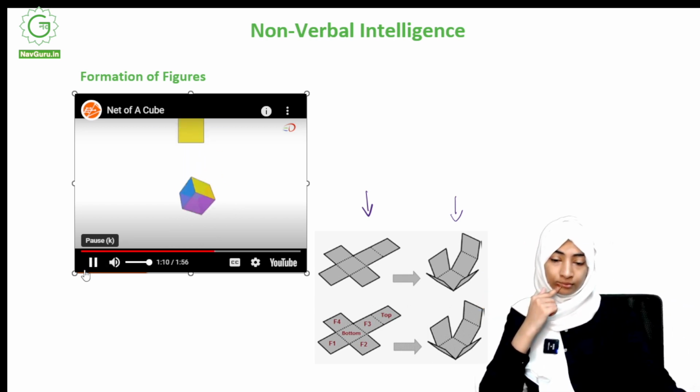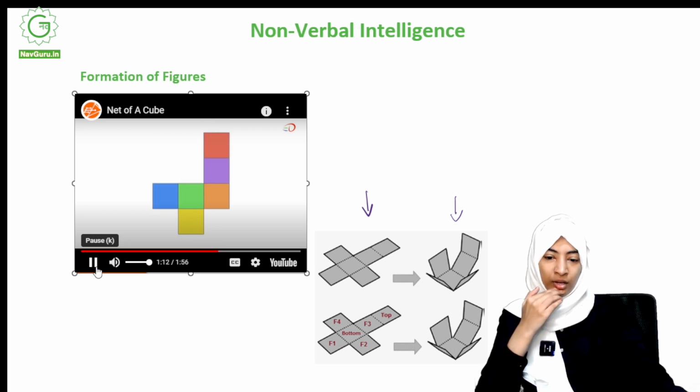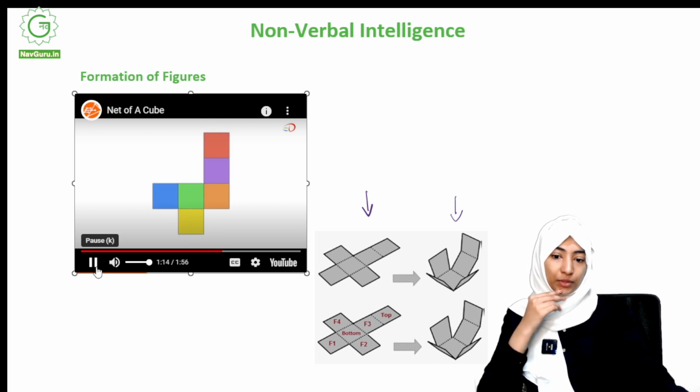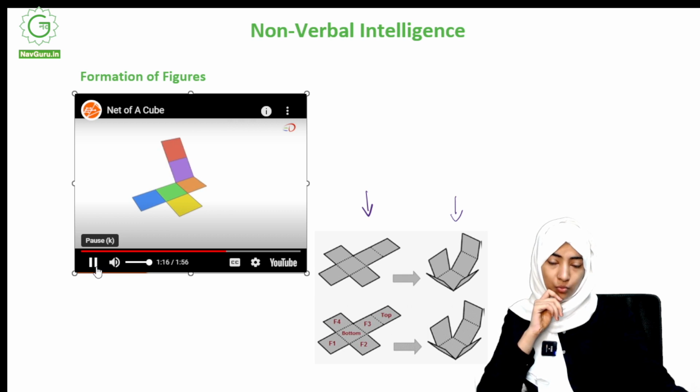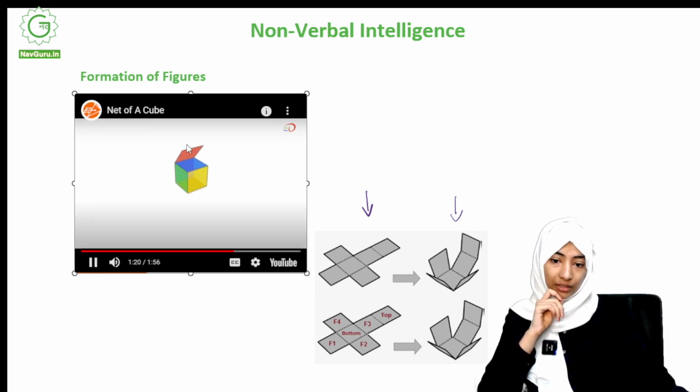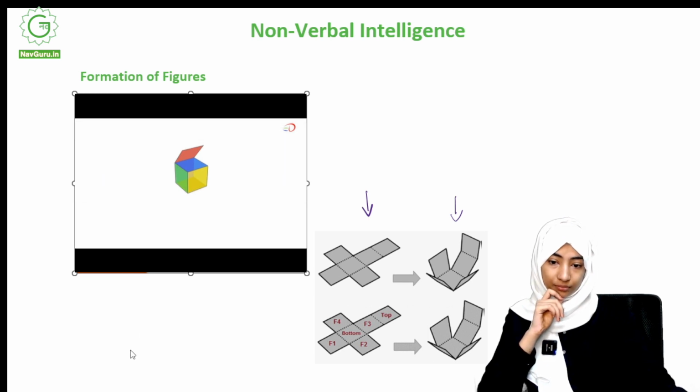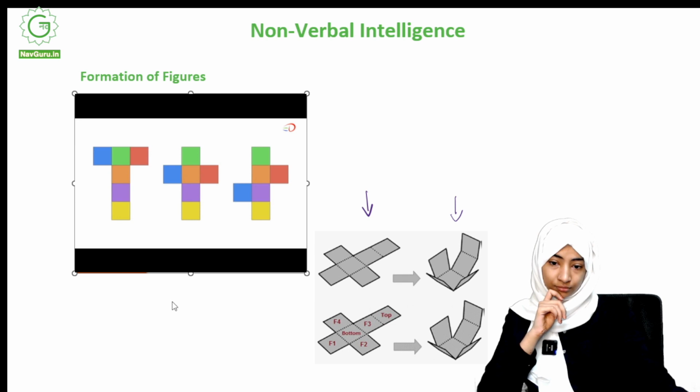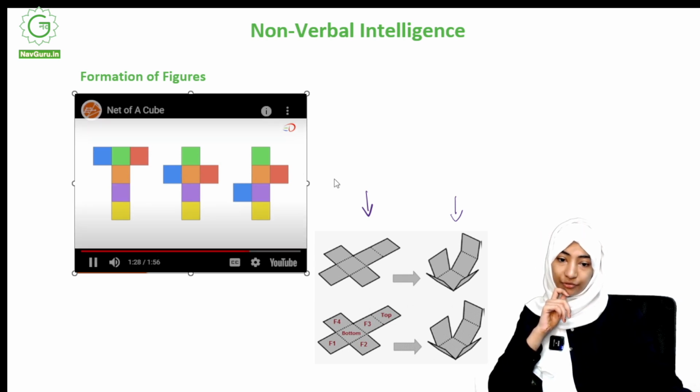So just different ways in which a cube is formed. Okay, so just watch this so you'll get a very clear idea. Here you see you're not able to close it. These are basically different ways of forming a cube.